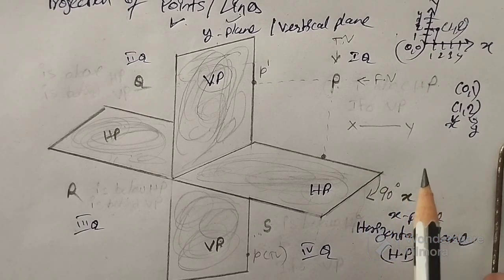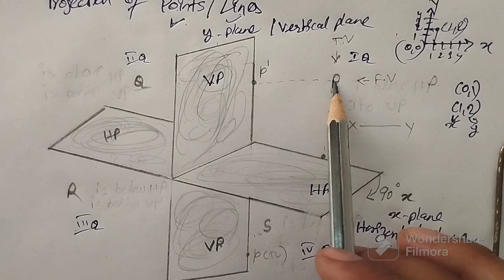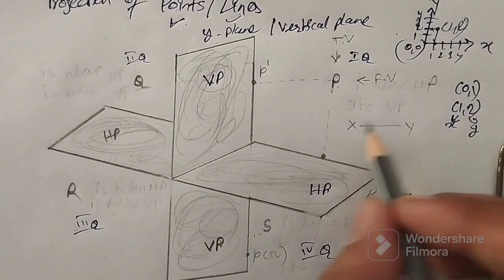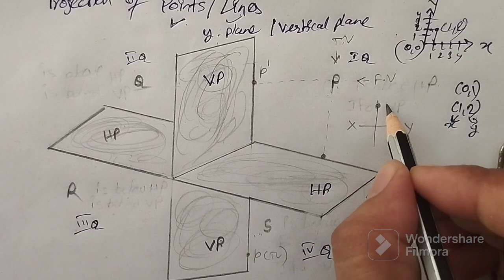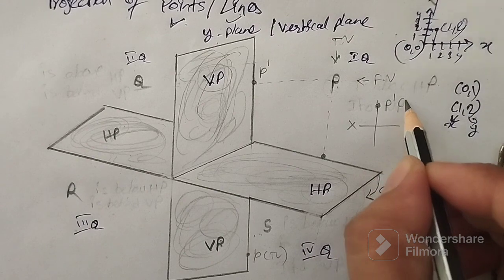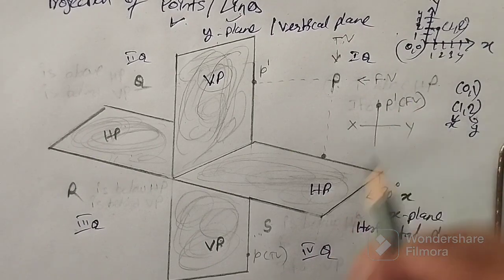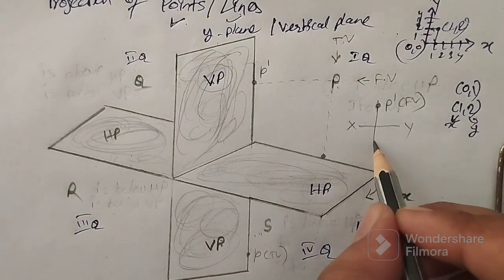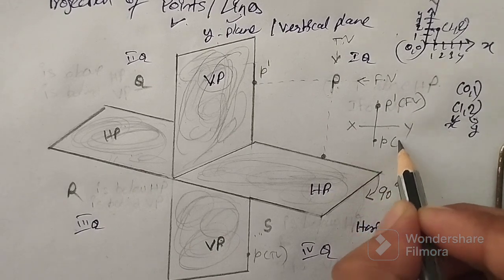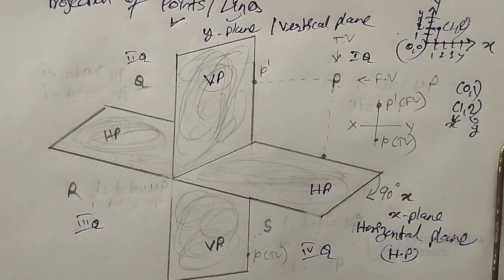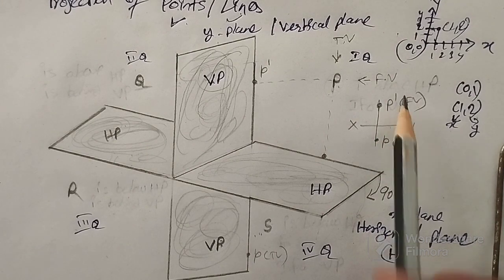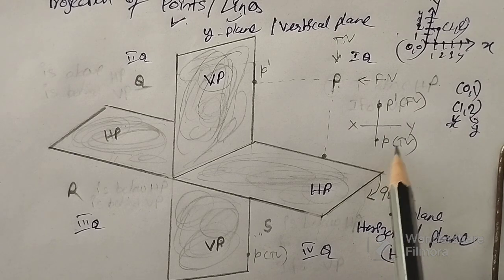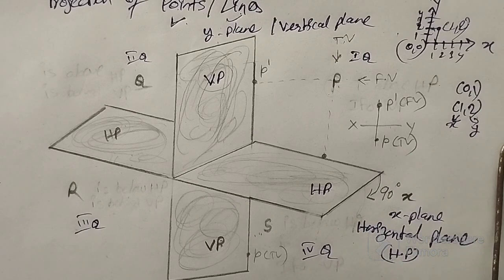Now since this P dash front view is above XY, so in first quadrant, front view P dash is above XY and top view P is below XY. So remember that in first quadrant, front view is always above XY or reference line and top view is always below XY or reference line. That is in the case of first quadrant.